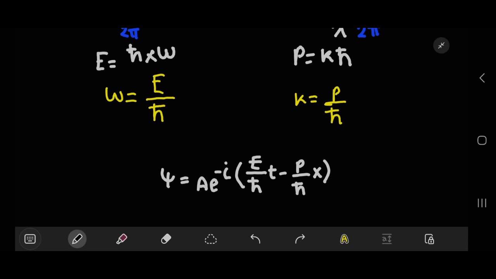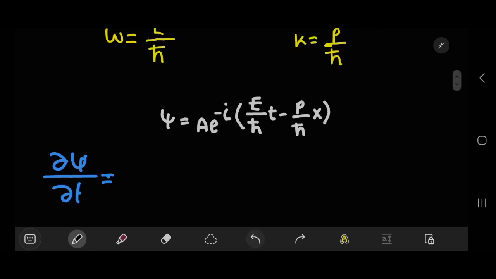We'll substitute in the previous equation, we'll get psi equals A, which is the amplitude, multiplied by e^(−i(E/ħ t − p/ħ x)). We'll substitute E over ħ in ω's place, and p over ħ in k's place.